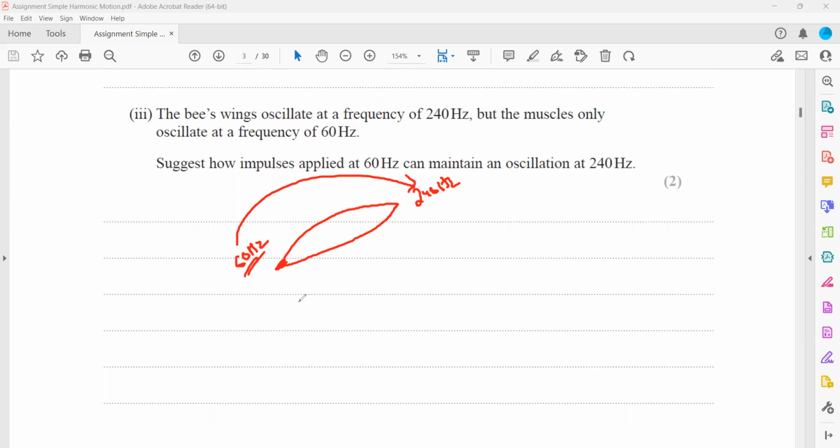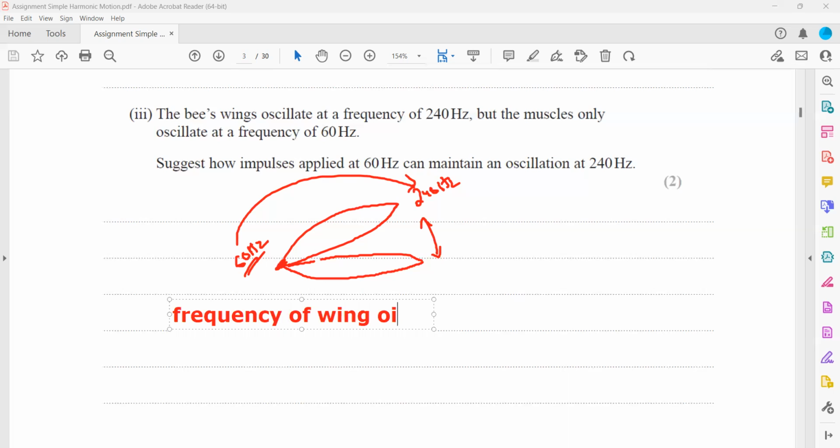Every time the muscle applies a force, it causes maximum energy to transfer so that the wing can vibrate quickly. The frequency of the wing is a multiple of the muscle's. That's one thing.